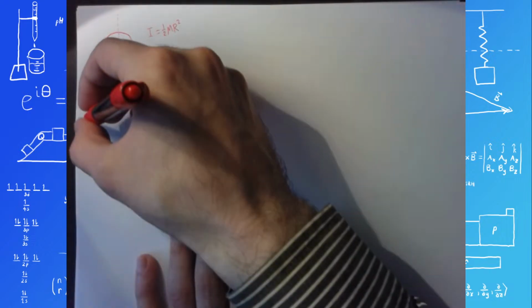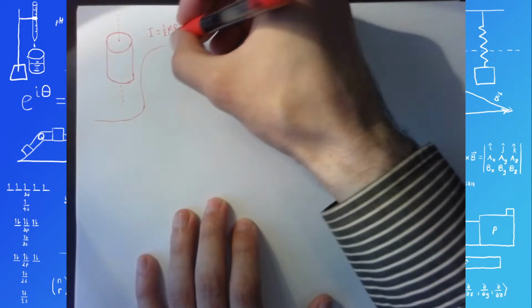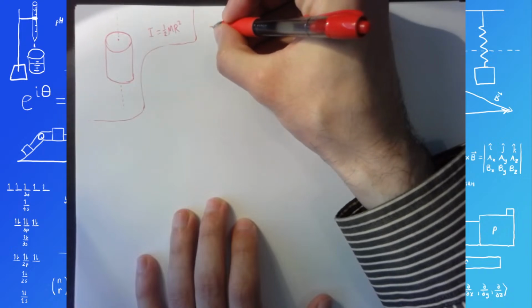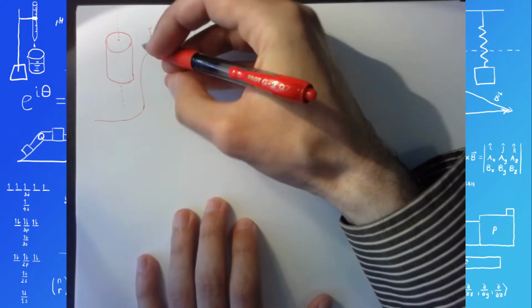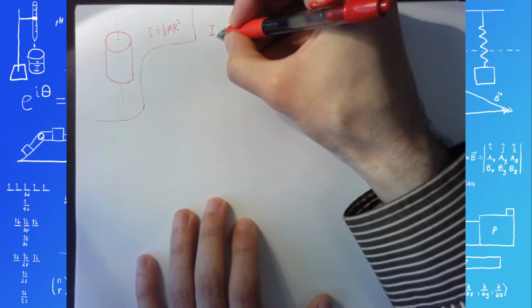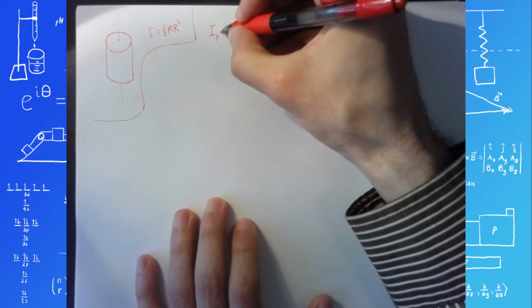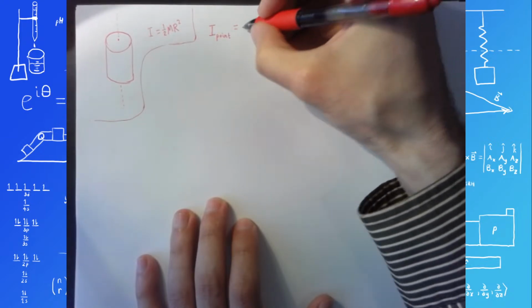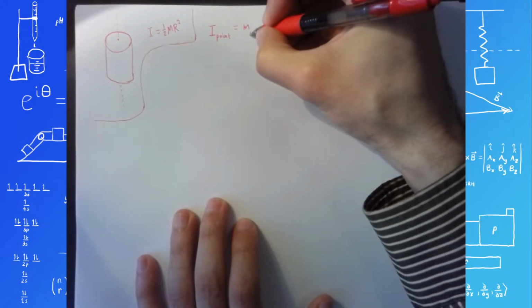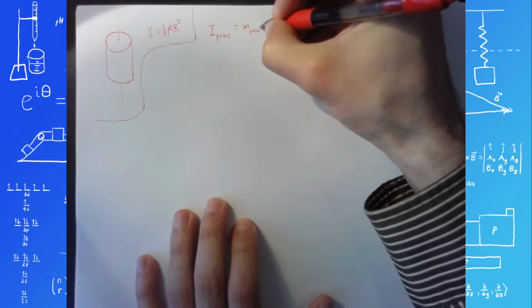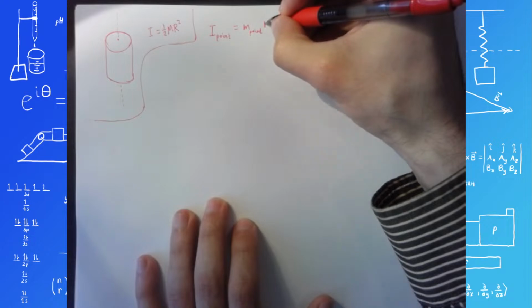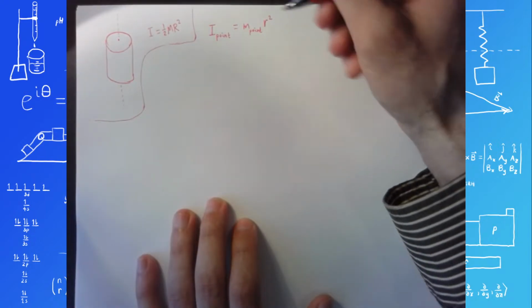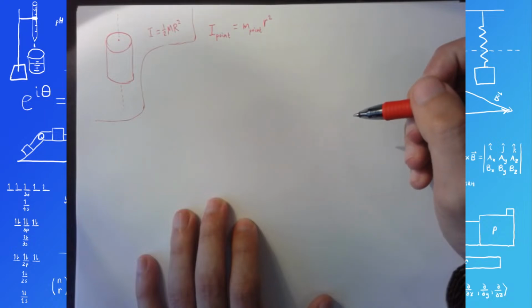And in case you don't remember, we started with the base formula for the moment of inertia for a point mass. We said that for every individual point within an object, the moment of inertia for an individual point is equal to the mass of that point times the square of the distance from the axis of rotation for that point.